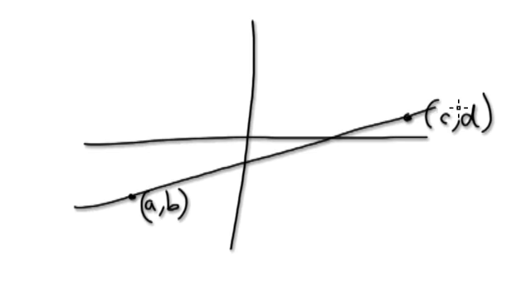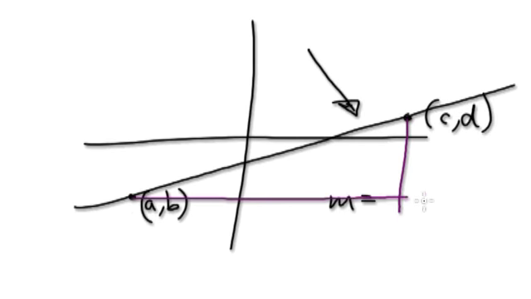So let's say this point here is (A, B), and you're given another point here, (C, D). Now, you can always find out the equation for this line, but in order to do that, you need to know the gradient. With the gradient, you need to know the height divided by the width.